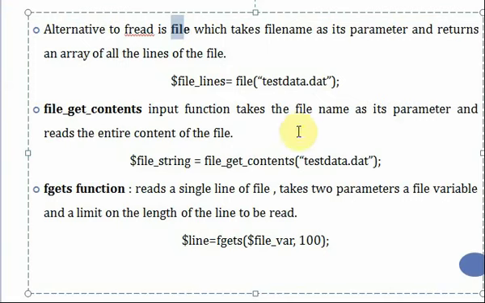Then file_get_contents is an input function that takes the file name as a parameter and reads the content of the file. fgets is going to read a single line, and you are specifying the limit here. If you give 100, the maximum you can go is 99, or up until you reach the end of the file.